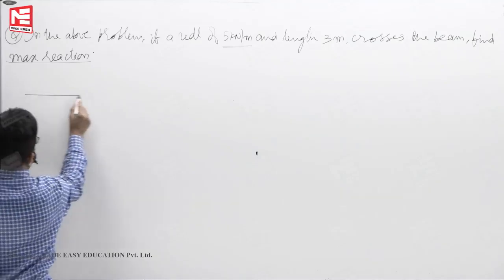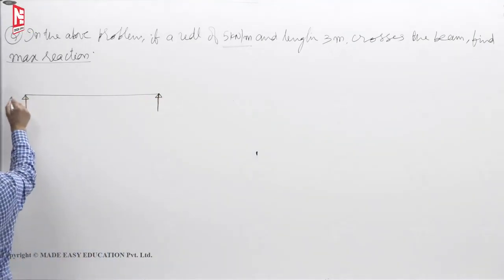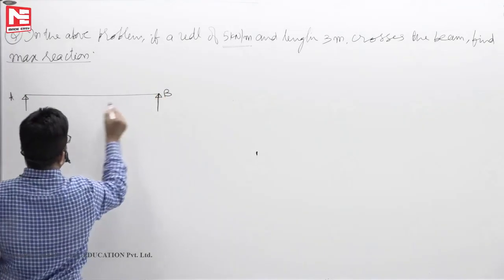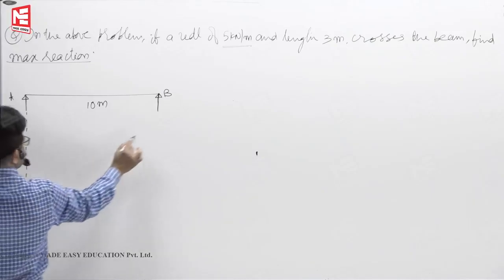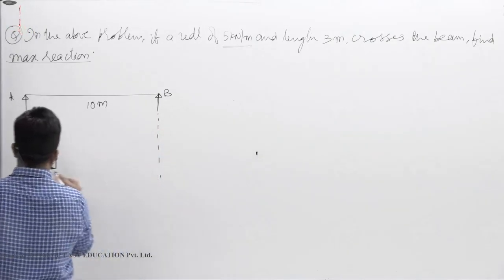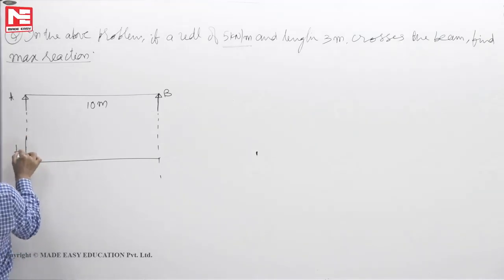Now, it's like this. This is now a simply supported beam, 10 meters span. This is the influence line diagram.